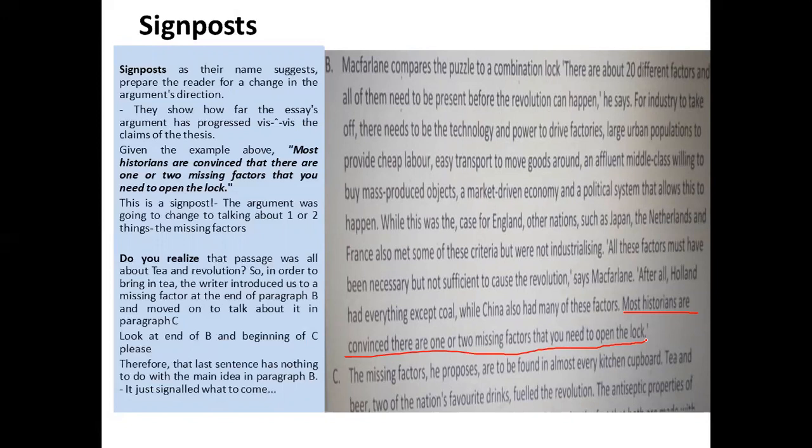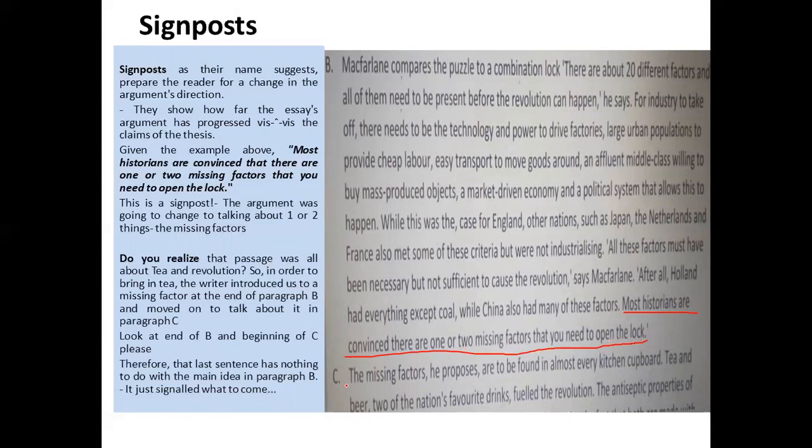To do that, the last statement in paragraph B started directing us, the reader, to what is coming next. And perhaps it has nothing to do with paragraph B, obviously. So if you look at this, it says most historians are convinced there are one or two missing factors that you need to open the log.